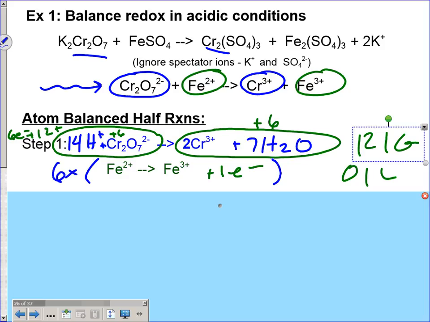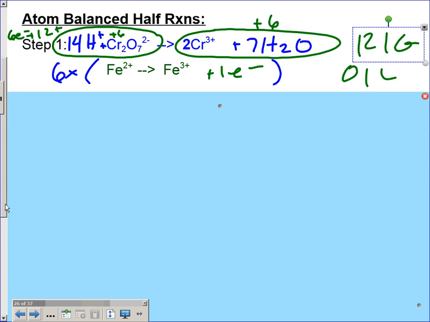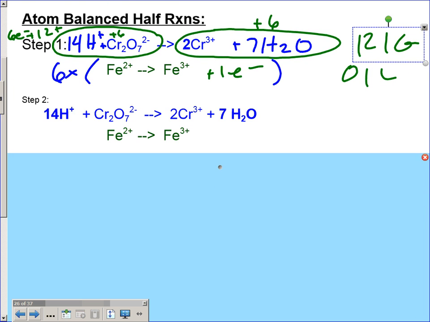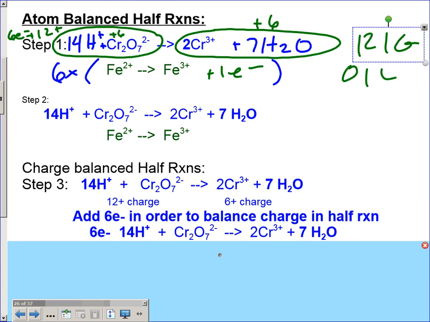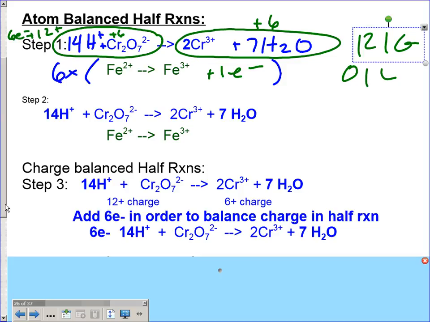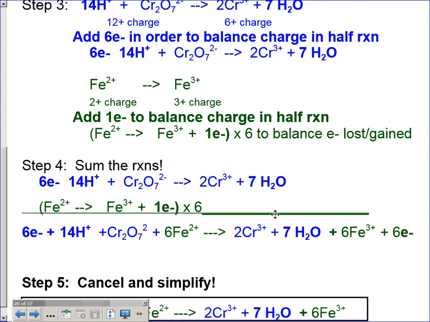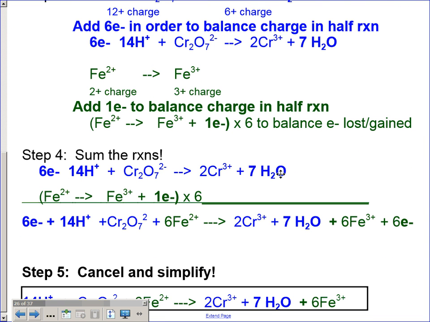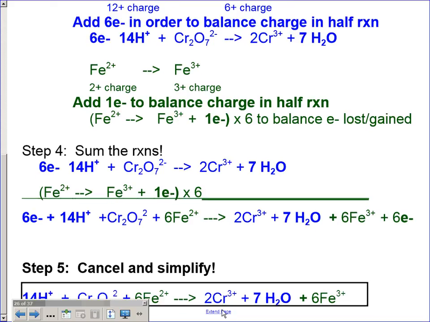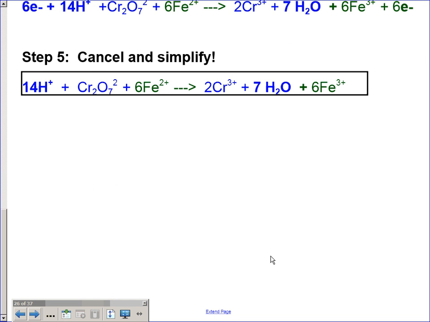Okay, and I'm actually going to show you my work from here on because it's a mess right now for me. So we've done this step where we added our waters. We've added our charge here for the 1, and then we're timesing the bottom reaction by 6 to balance the electrons lost and gained. So in my step 4 here, already typed out, my computer, guys, is having a hard time today.